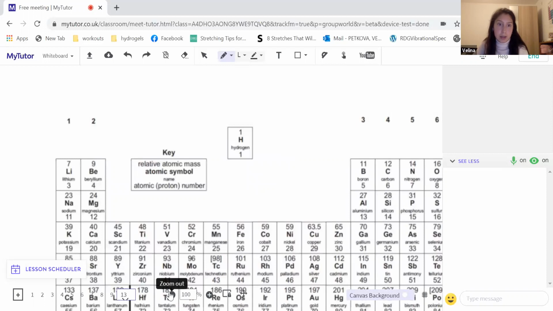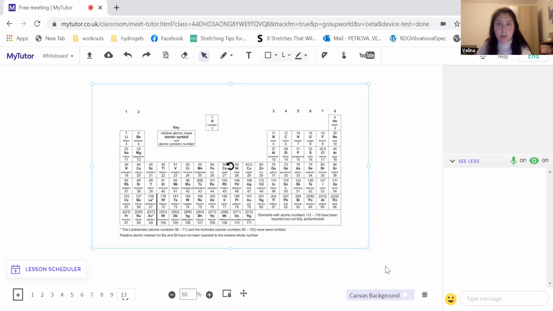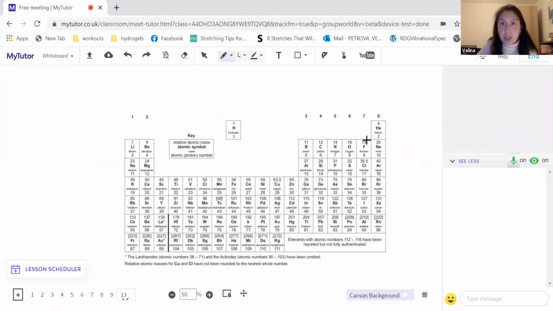So yeah, let's talk about the periodic table quickly. So if we took an atom from, say, sulfur, how many electrons does it have in its outer shell? All we need to do is look at the top, yeah, and see it's in group 6.